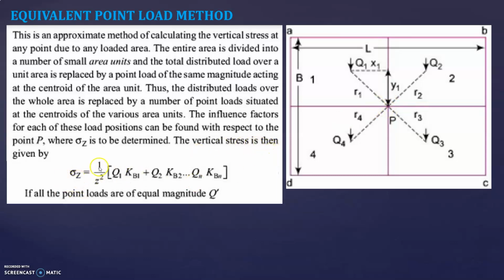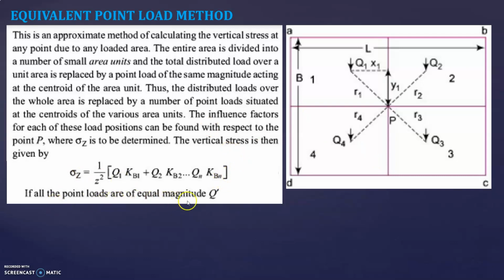Sigma z is equal to 1 divided by z square into Q1 KB1 plus Q2 KB2 plus Q3 KB3 plus Q4 KB4, like that till Qn KBn, depending upon the number of areas.